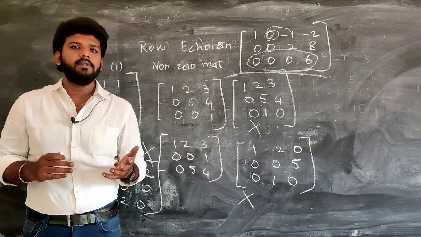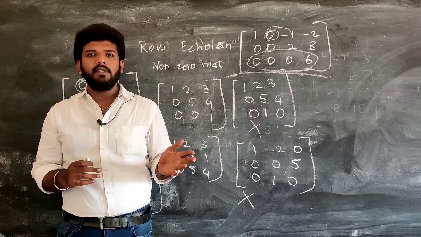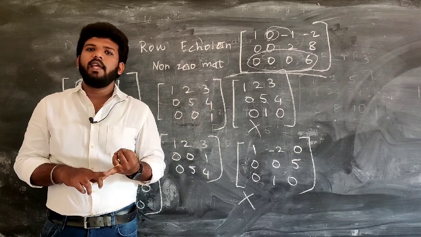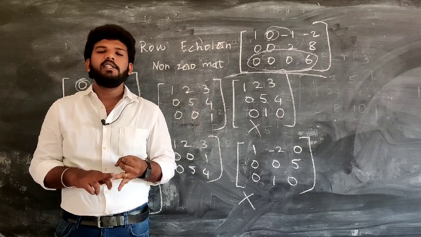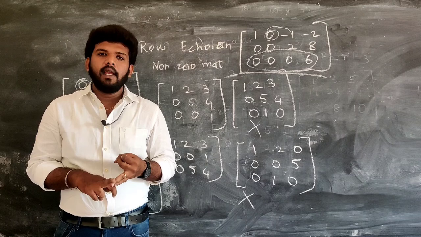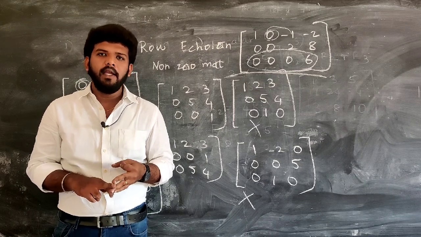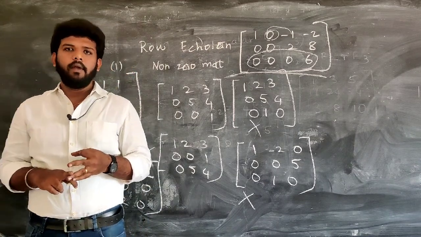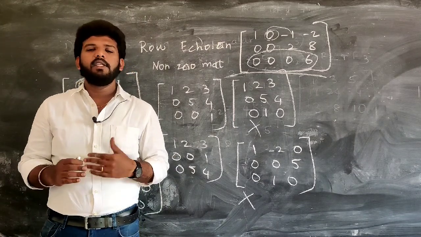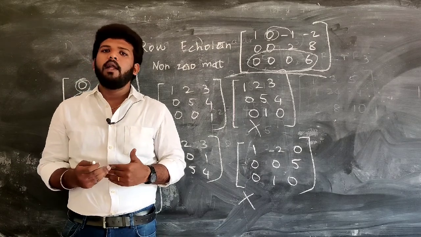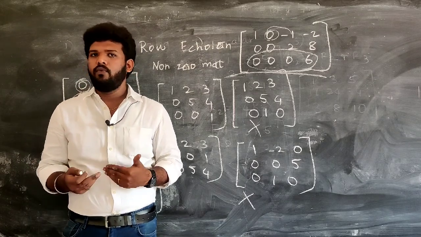So what is transformation? We have seen it earlier, right? One thing is that we can interchange rows. Otherwise we can multiply with a scalar number. Otherwise we can multiply and add any two rows, right? So now they have given a matrix. We just do some transformation and convert it into row echelon form, right?